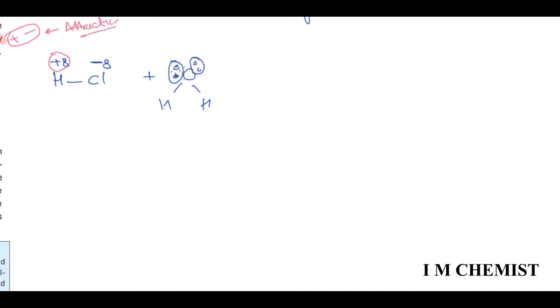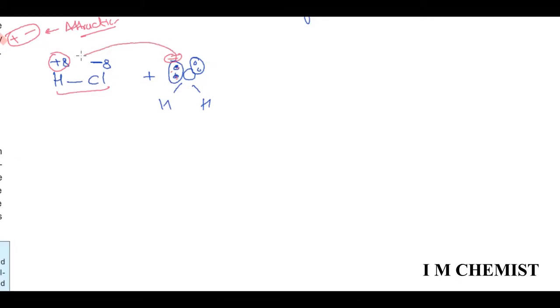So if this water molecule is having a lone pair of electrons and it is negatively charged, on what part of this molecule are these lone pairs going to attack? The hydrogen.